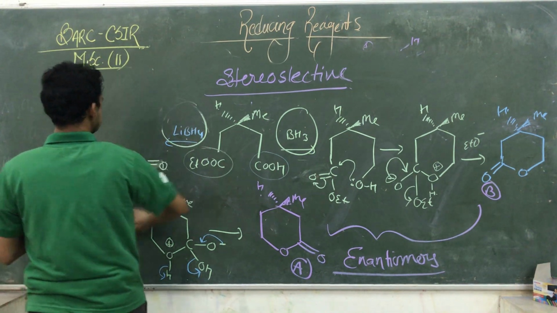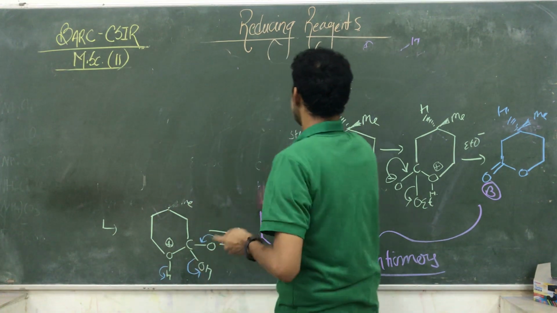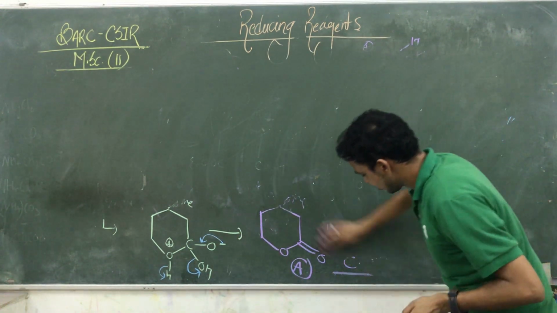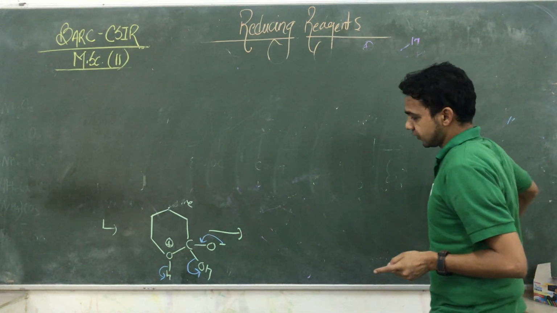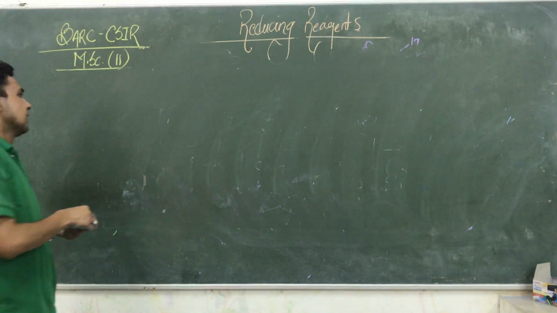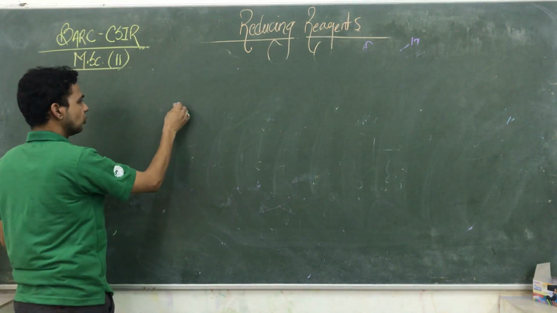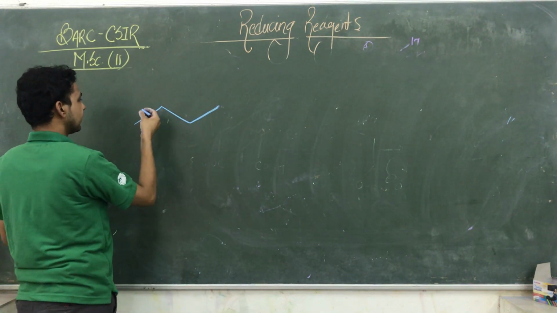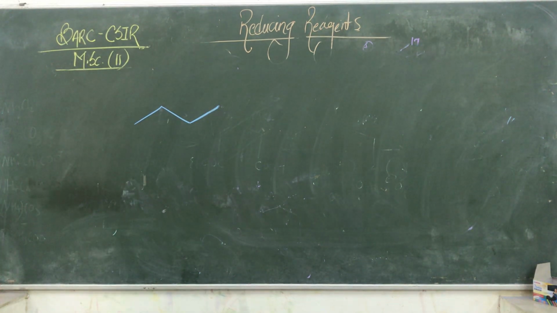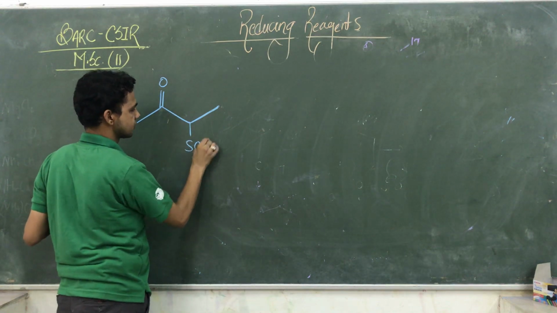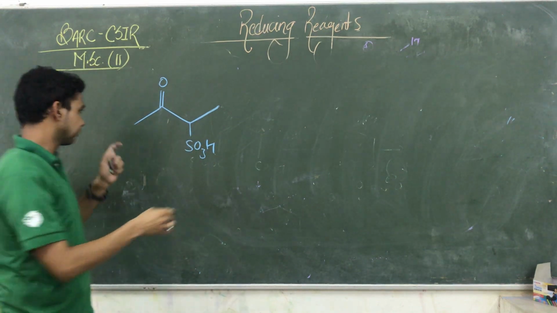I am giving you another example that is also a very good example of stereoselective reactions, or we say stereospecific reactions. So here, by using different kinds of reducing agents, suppose we have a compound. Okay, so we have one compound. The compound is double bond O, SO3 and H. A sulfonic compound is here.